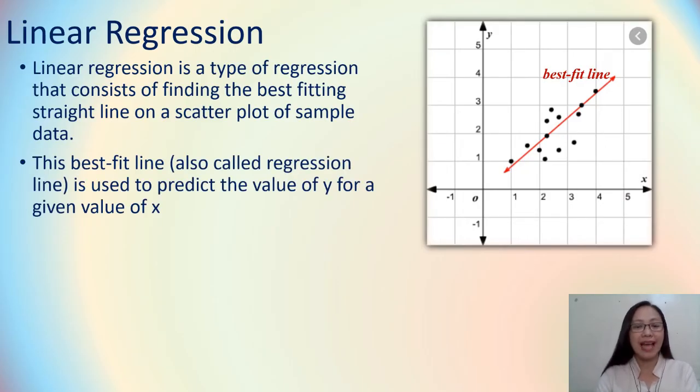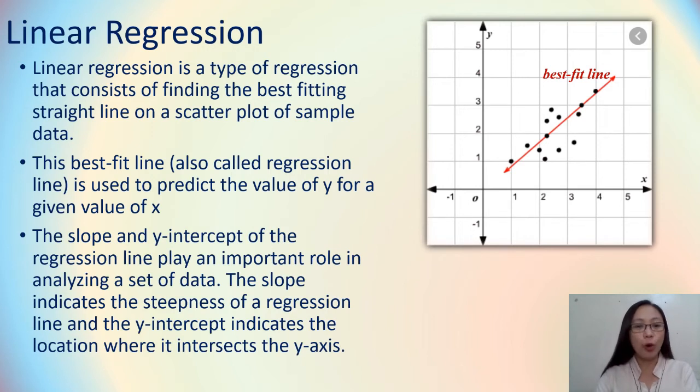This best fit line, also called the regression line, is used to predict the value of y for a given value of x. The slope and y-intercept of the regression line play an important role in analyzing a set of data. The slope indicates the steepness of a regression line, and the y-intercept indicates the location where it intersects the y-axis.